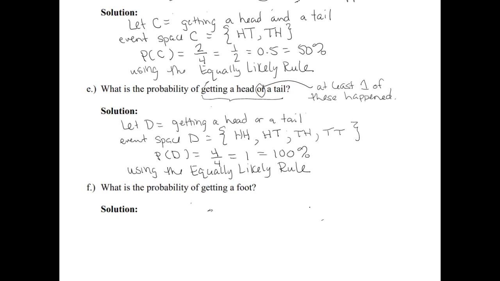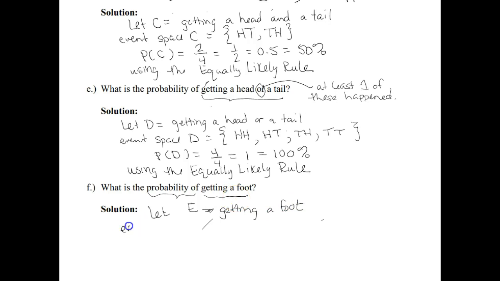All right. Part F says, what is the probability of getting a foot, which doesn't even make sense for this particular problem. So in here we're going to let E be the event getting a foot. The authors had to come up with something kind of crazy for this one that absolutely can't happen.